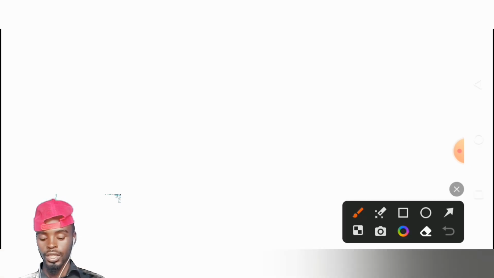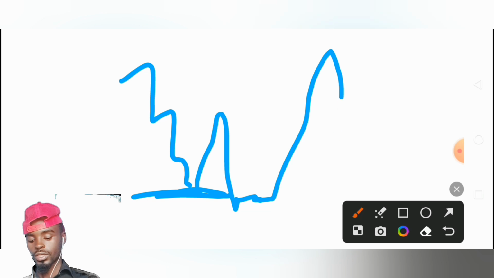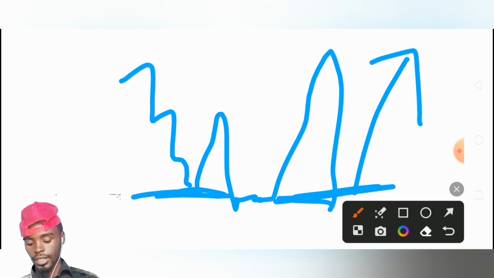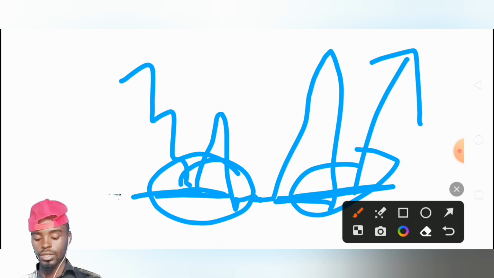So guys, for the demand zone, the market is in a downtrend. It reaches this level here, it goes, it reaches that level. It goes again, it comes again, it reaches this level, and it goes up. That is our demand zone, and that is our demand zone, guys.